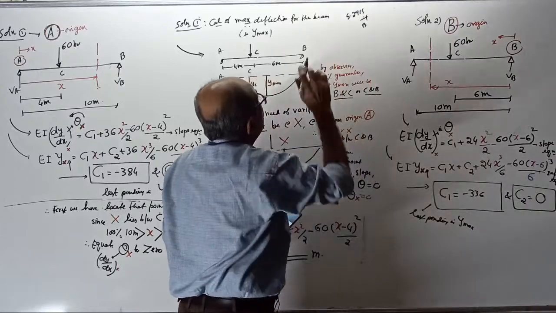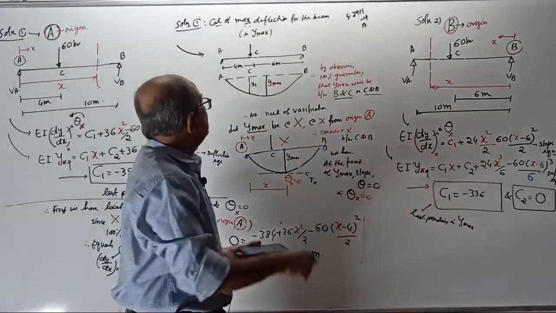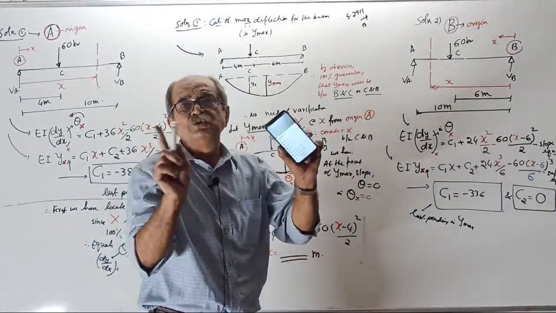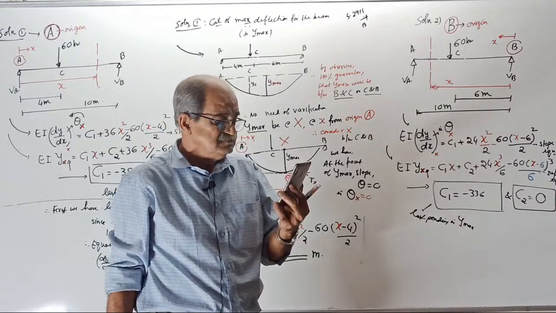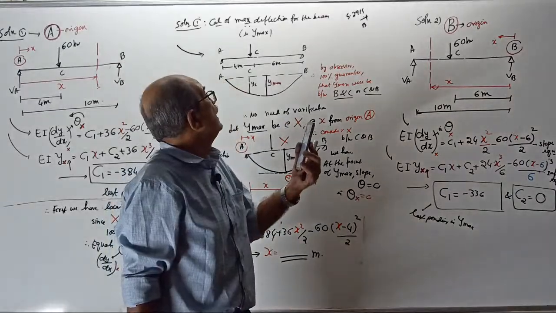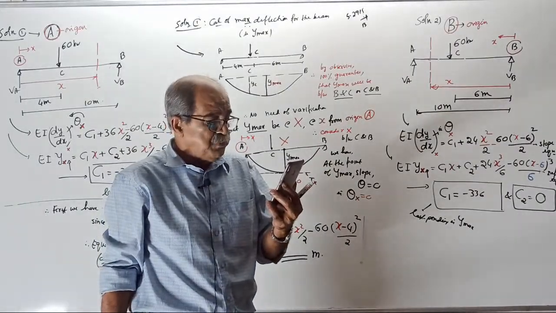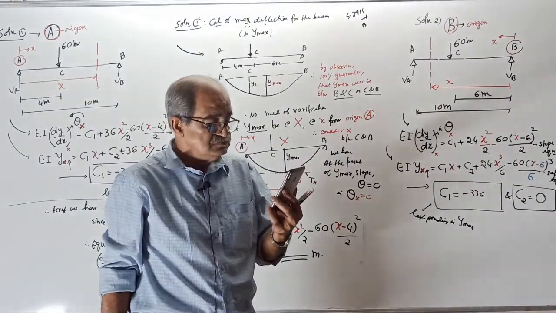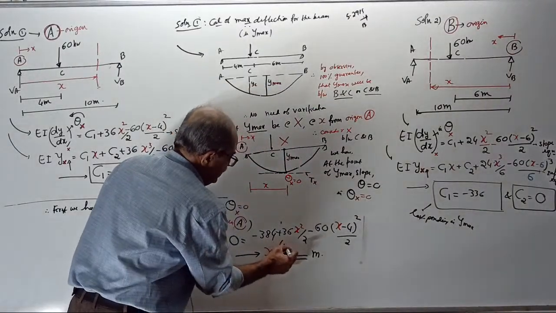Subtract that value from 10 meter, because that is from B. Actually, you are not supposed to know it. From 10, subtract 5.2915. Answer: 4.7085 meter.